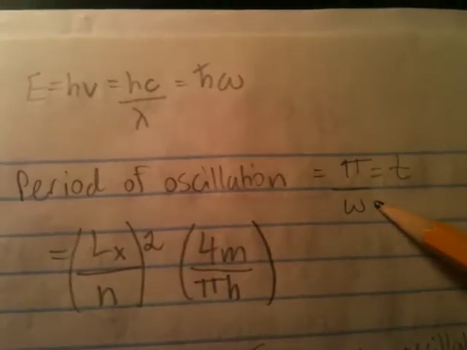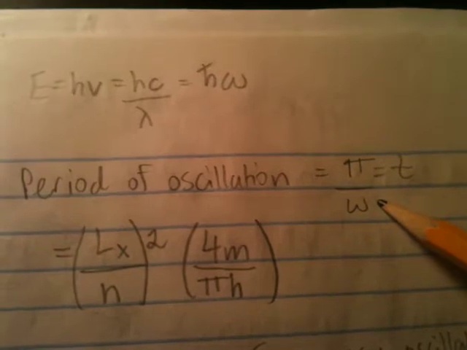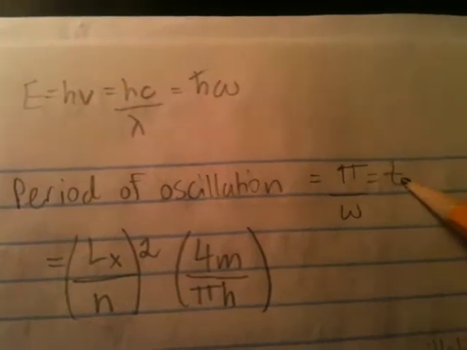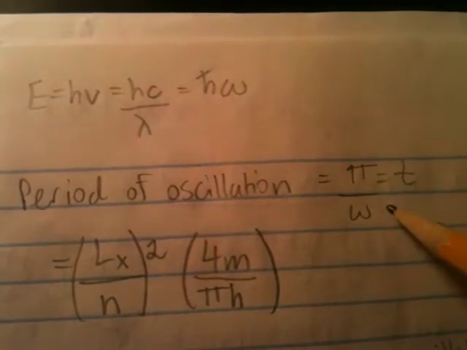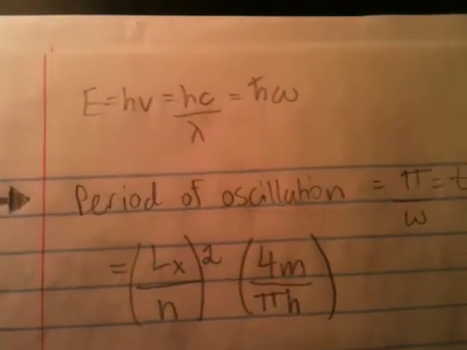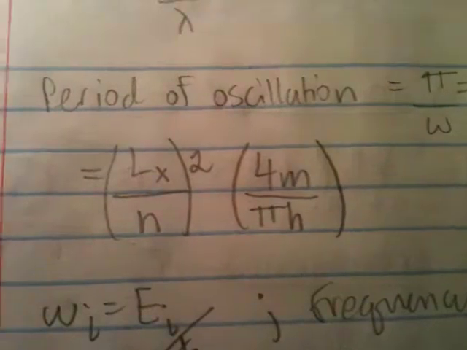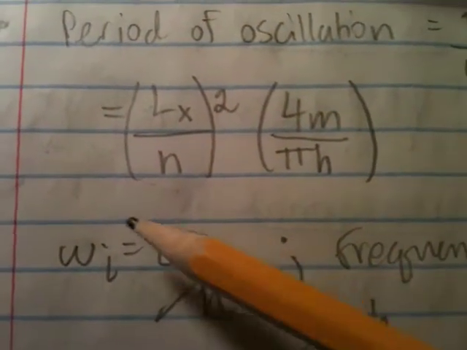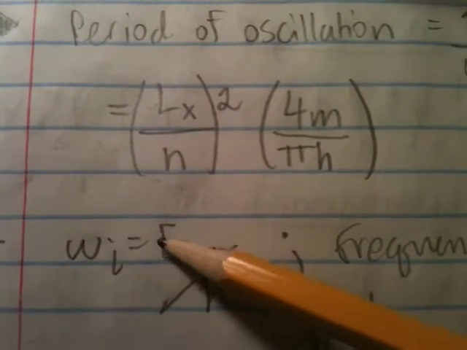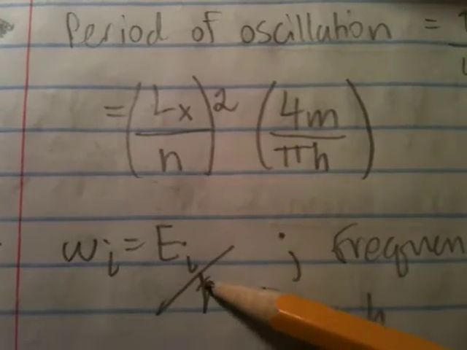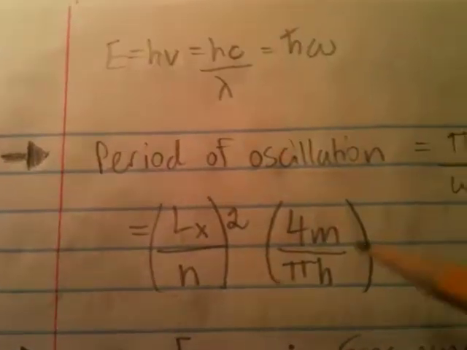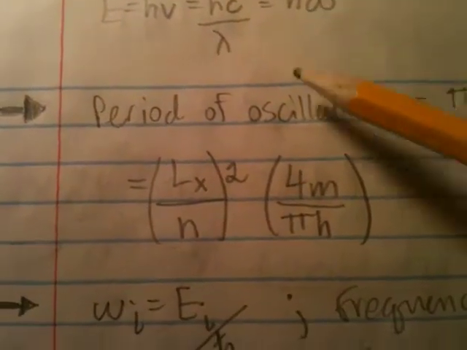this will be in frequencies per second, so this will be in seconds. Also, this omega frequency is equal to energy over h bar, and this relationship comes from here.